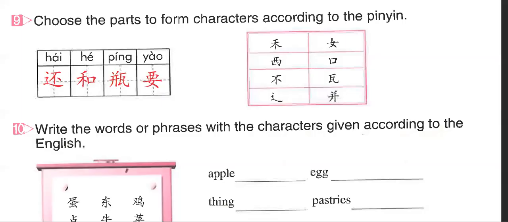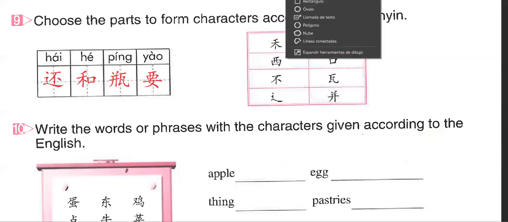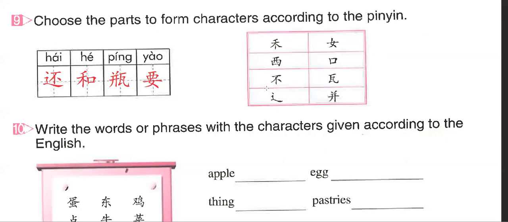So here, for example, for the first one, hai, we're using just this one here. And the other one is this one here.